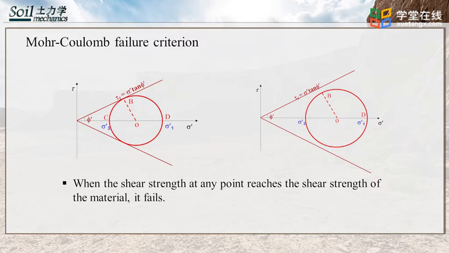When the circle reaches the boundary, it fails, as shown in the first figure. When sigma 1 and sigma 3 are increased and the boundary is not reached, the soil still can be safe since the shear strength of the material is not reached, as shown in the second figure.